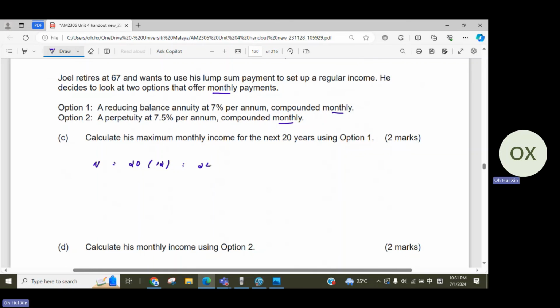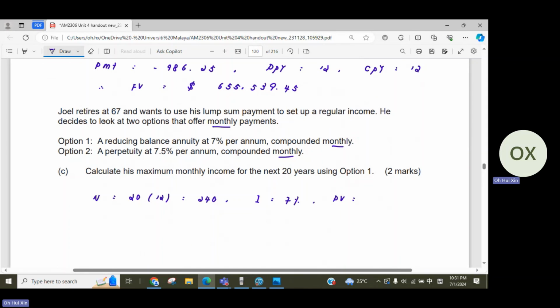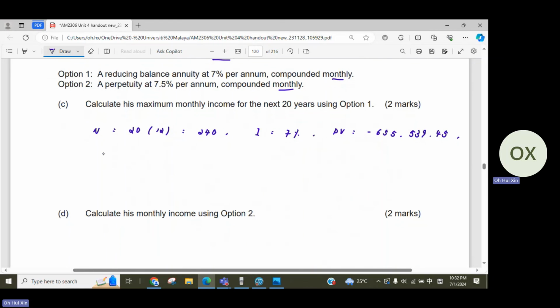Okay, so 240. I is 7.5% as given in the question. PV is supposed to be the value that he has now when he is 67. This is the amount that we put in the bank so that it can generate interest at the same time while he withdraws the money, right? So that's why it's negative. PMT is what we are interested to find.